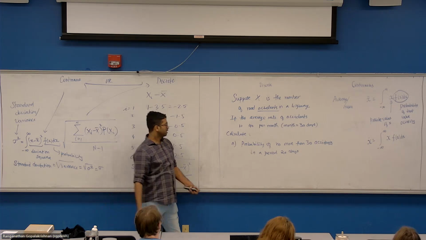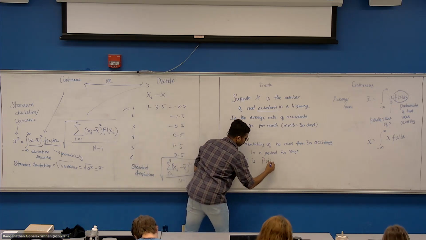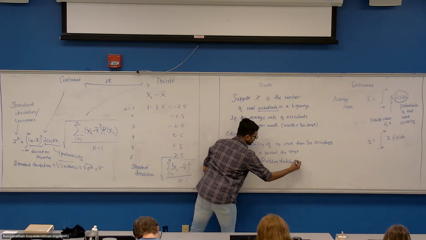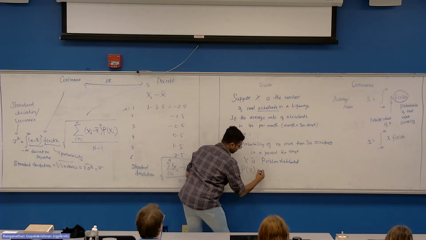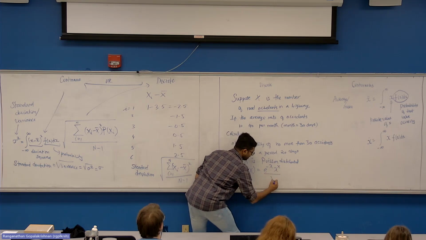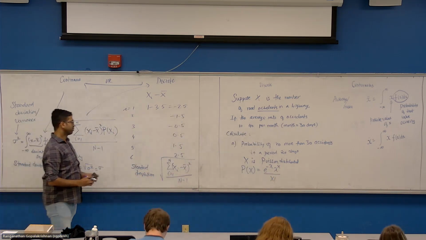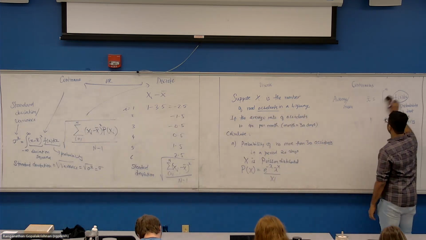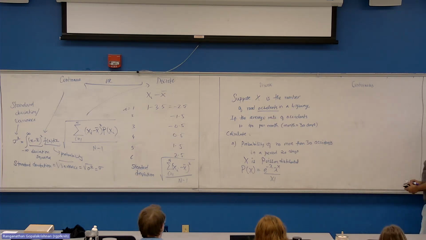So first we'll assume X is Poisson distributed. If that is the case, the probability of x taking a specific value is given by e to the power minus lambda, lambda to the power x, divided by x factorial.